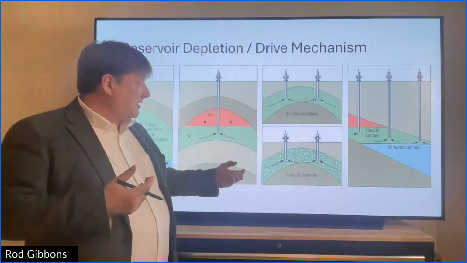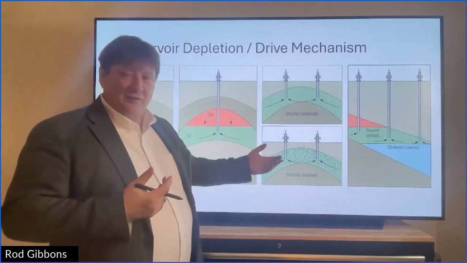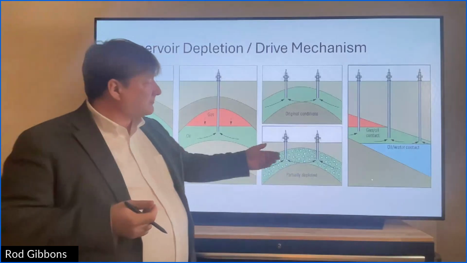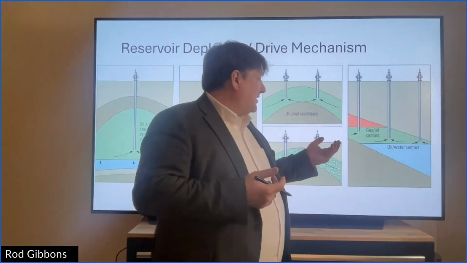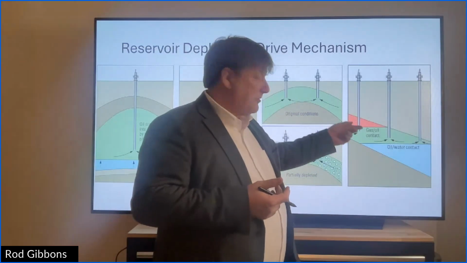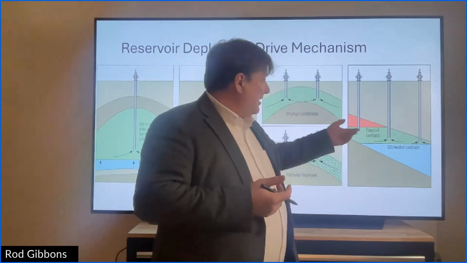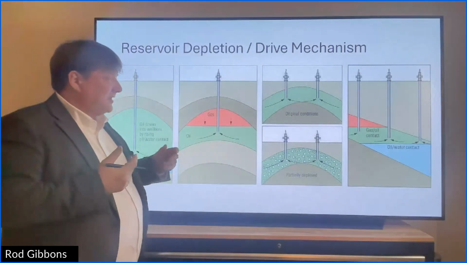That can drive some oil production, but you lose a lot of oil recovery that way. One of the things I've seen very commonly is oil, gas on top, and water on the bottom, and you're getting contributions of pressure support from both sides.